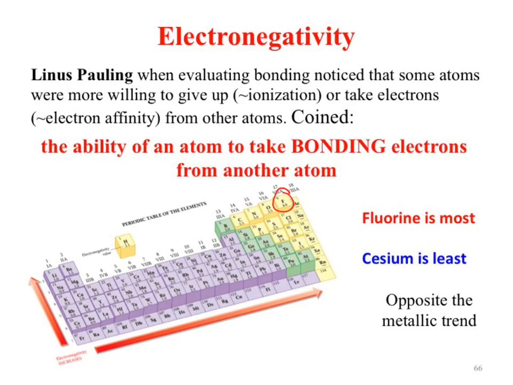Should be a very hard question. Chromium is a metal. Iron is a metal. What kind of bond do we have between a metal and a metal? You should all be going like, well, you never told me that. That's right, I didn't. Why did I not tell you that? Because we aren't worrying about it.